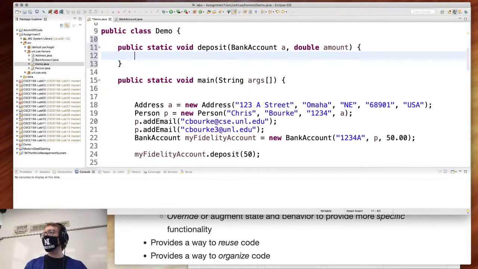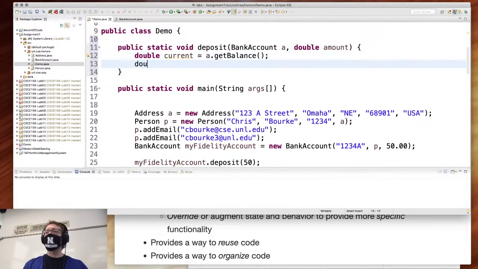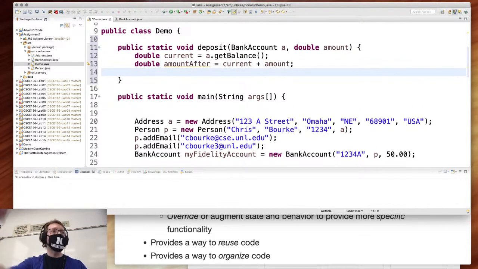So something like double current is equal to A dot get balance, right? And then double amount after is equal to current plus amount, and then set it back into the class. A dot set balance to amount after. Right?